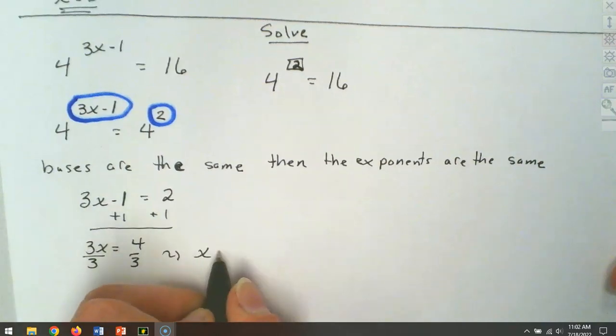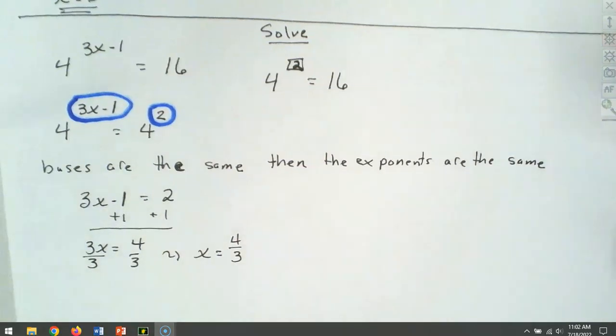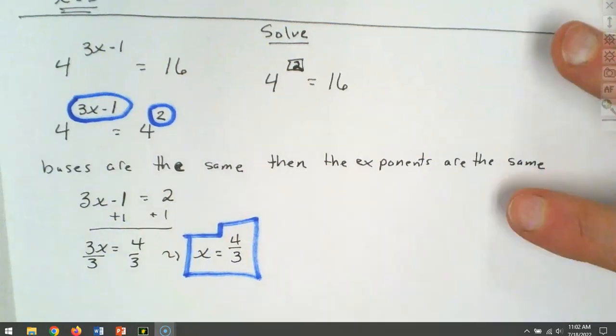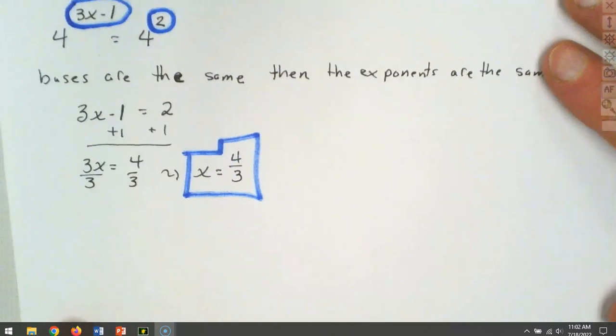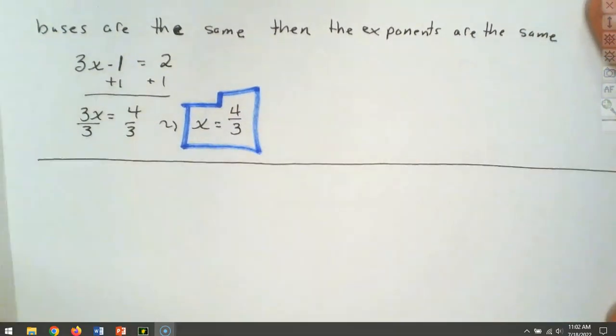And now we have our value of x, which is 4/3. Let's try another one. So that's going to be our answer. Yep. We just find the value of x. That's what we're trying to do, is we're just simply trying to find the value of x here.